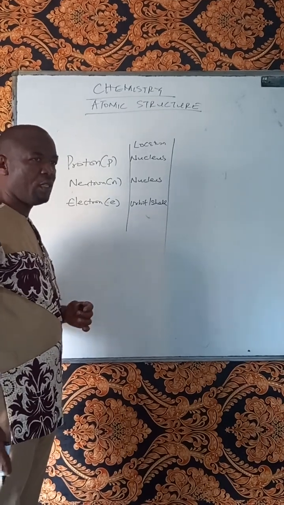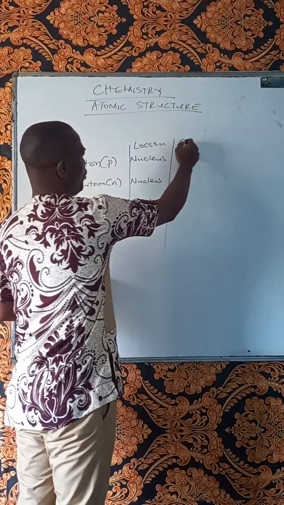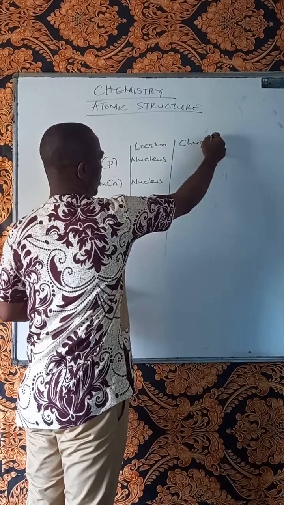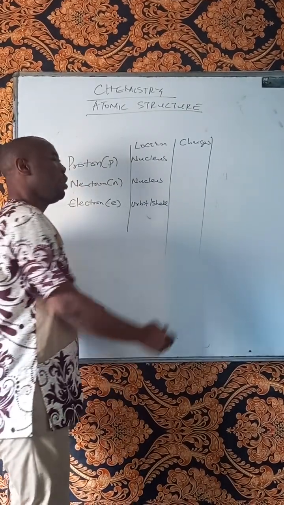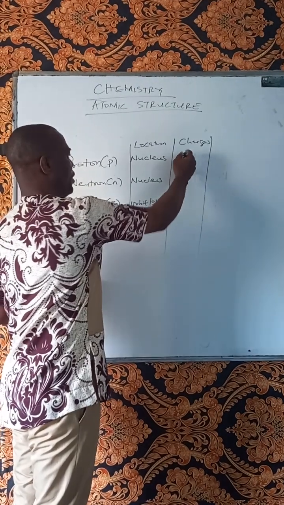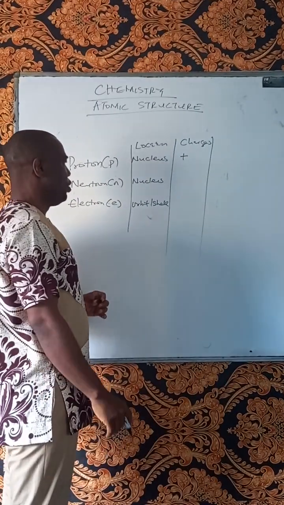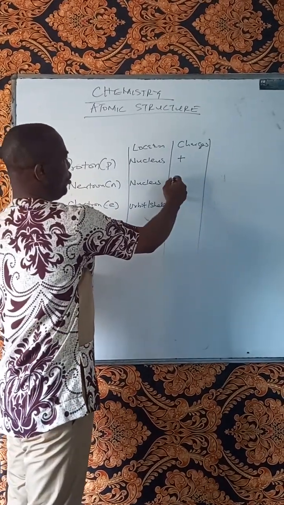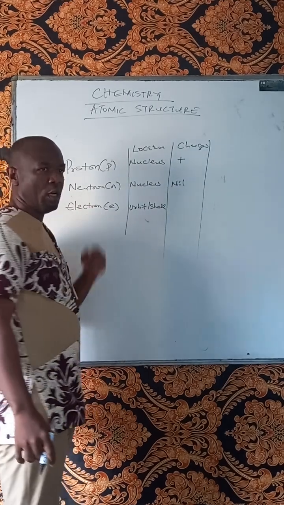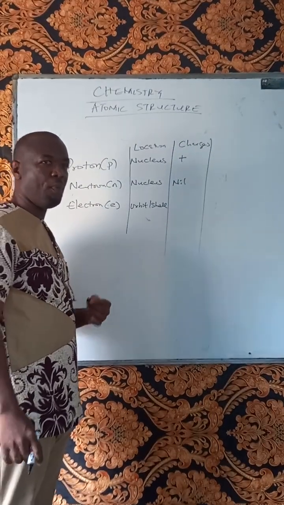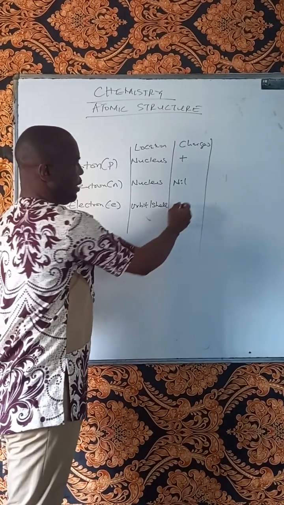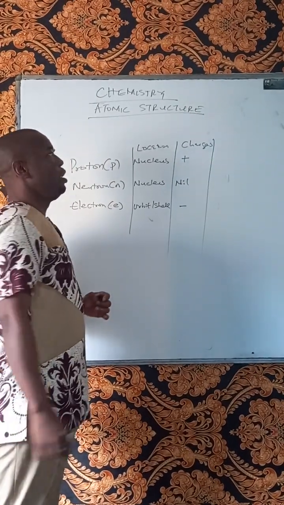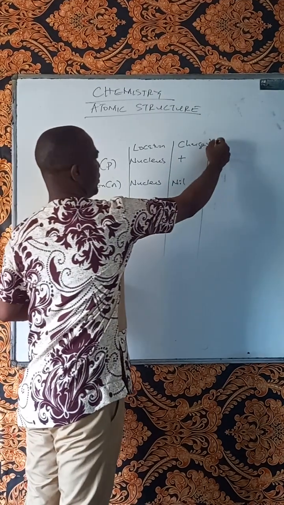Having known that, these particles have charges. Yes, they are charged particles. The proton was found to have positive charge. The neutron has no charge, just like the word neutral implies, neither positive nor negative. The electron has negative charge. Then, relative masses.